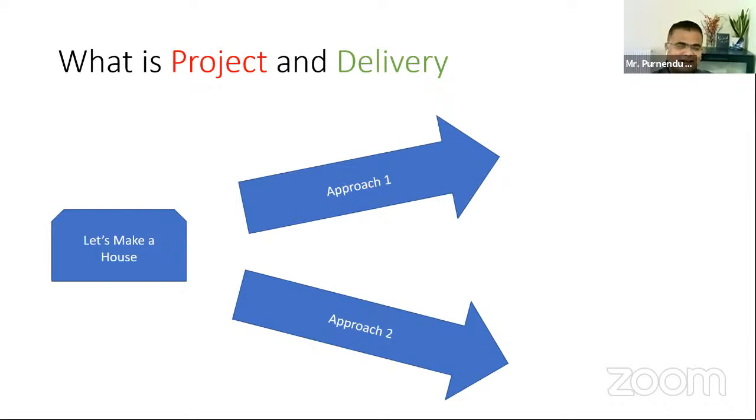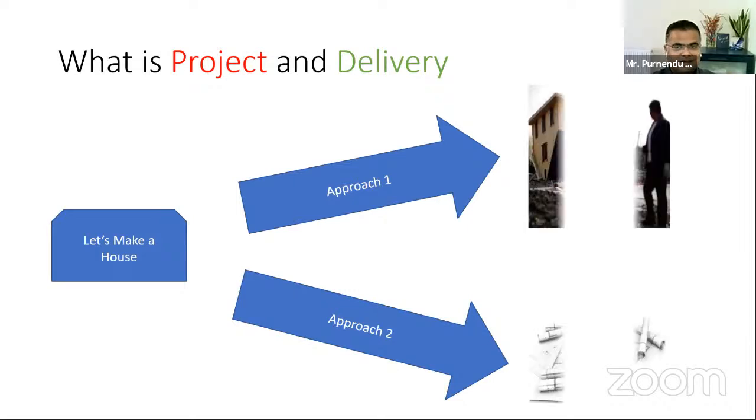And that approach could be very systematic and methodological, in which you will go to an architect, you will get your land finalized, you'll get your maps defined, then you will hire a contractor, and then basically a contractor will make it for you. You will have your inspections, and then you get your house, right? So these are multiple approaches which you can have, and each one of us actually goes through this process, whether it is a house, whether it is something else.